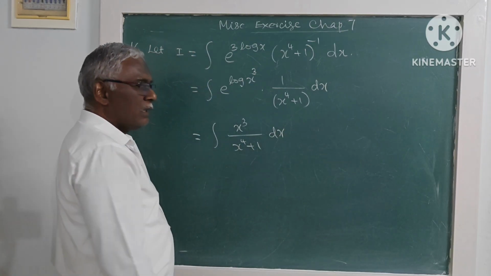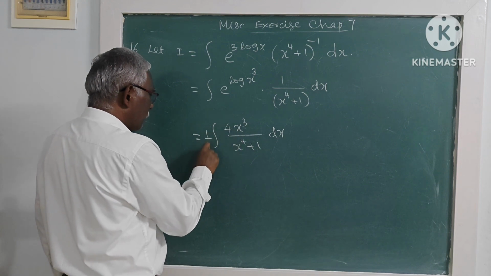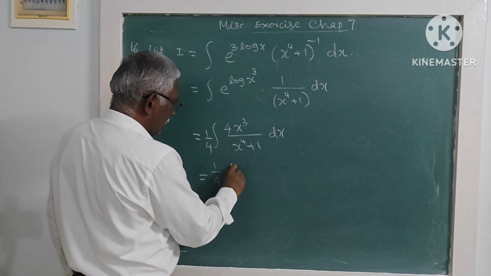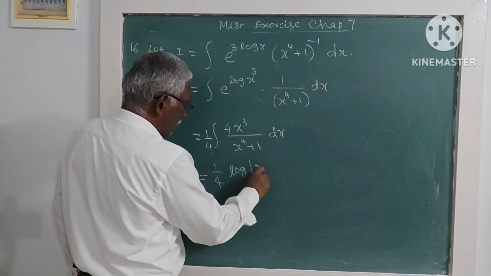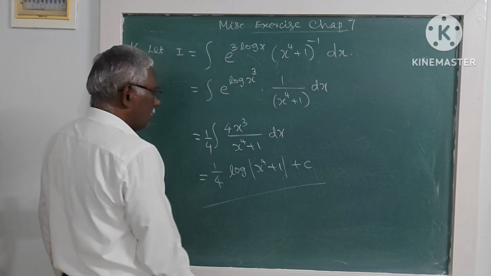If we differentiate x power 4, 4x cube will come, so put 4 here, 1 by 4 here. So 1 by 4 times log of x power 4 plus 1 plus constant. So this is the answer.